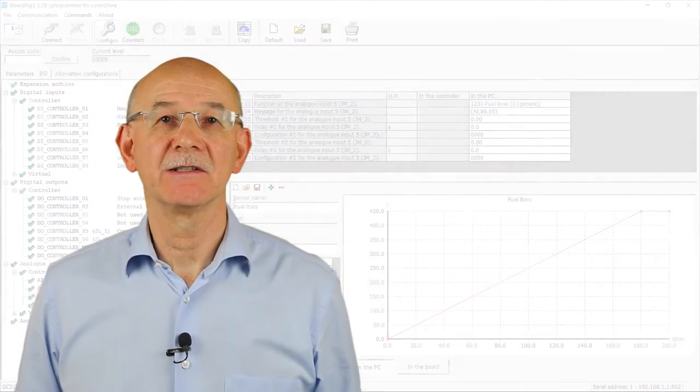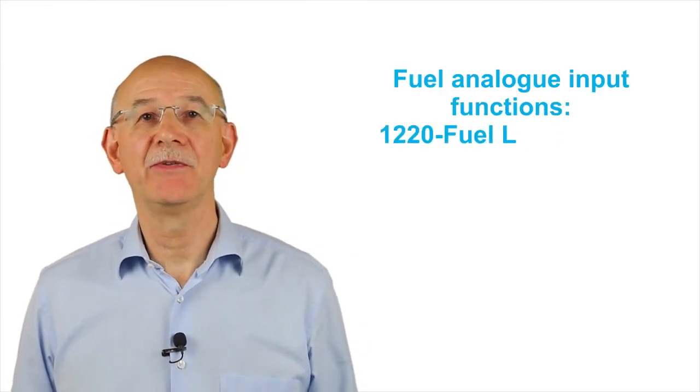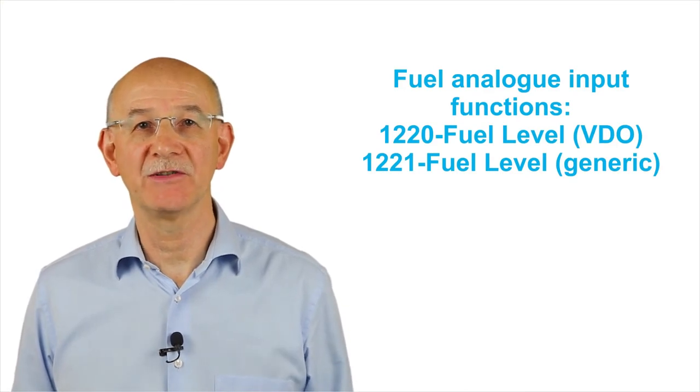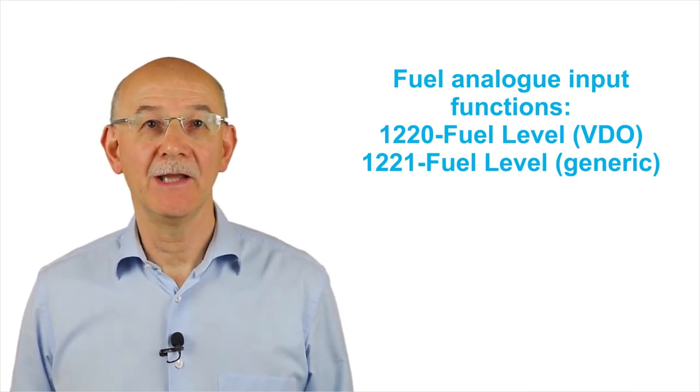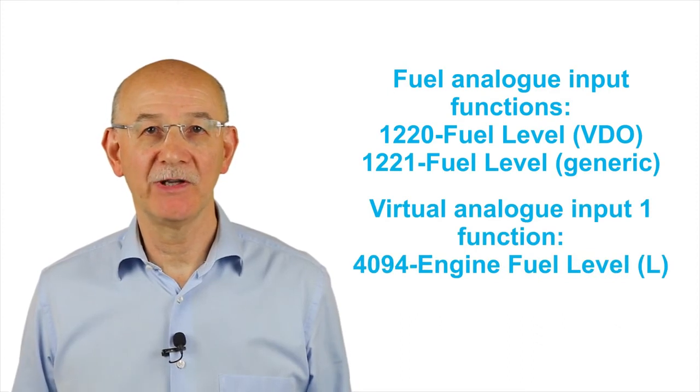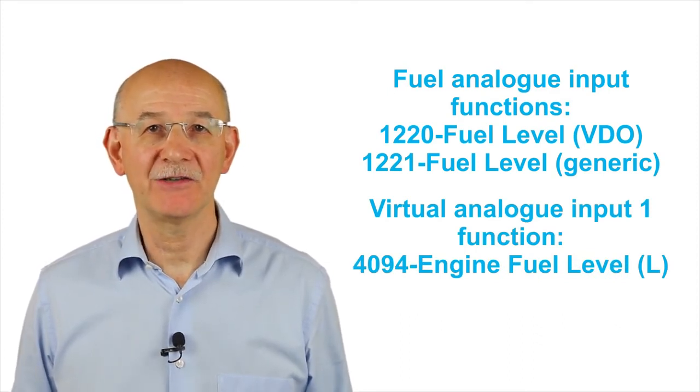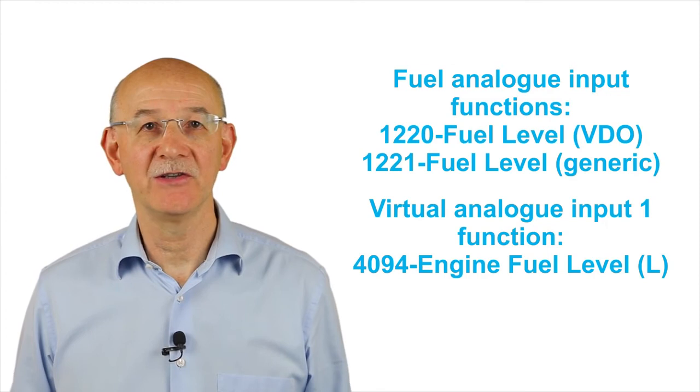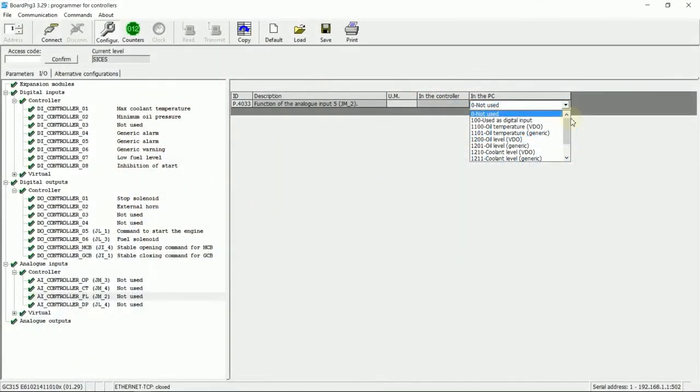In the second case, the fuel level sensor must be configured as usual for the percentage value. Then, use the first analog virtual input and assign the function 4094 engine fuel level liter.